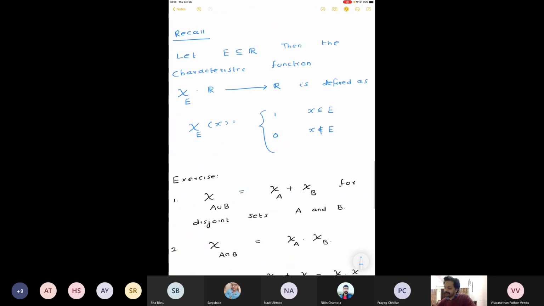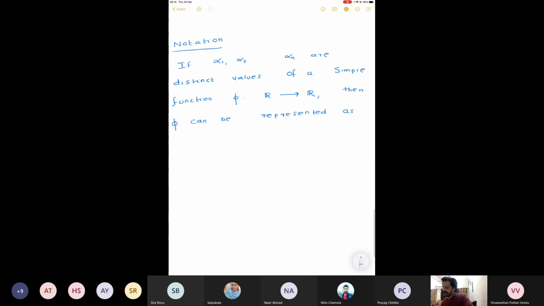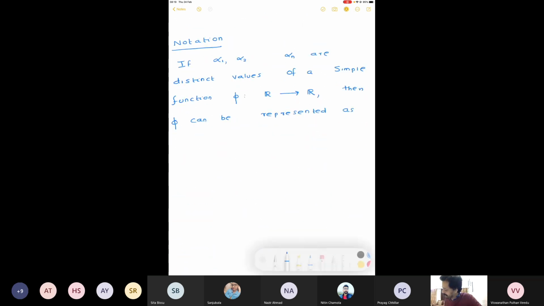Please keep in mind the property of phi. Phi is alpha i only on Ei, and E1, E2, E3, etc., En are all disjoint. Therefore, you can write the simple function phi as the summation of alpha i chi Ei, i is equal to 1 to n.